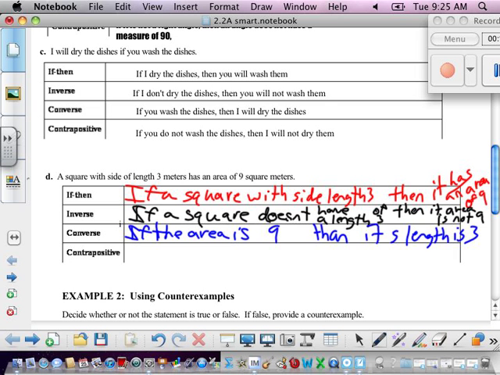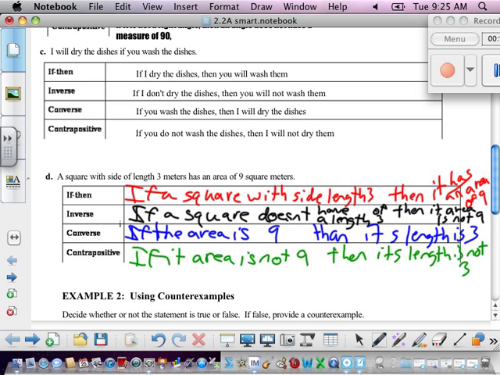Finally, contrapositive. If its area is not 9, then its length is not 3.